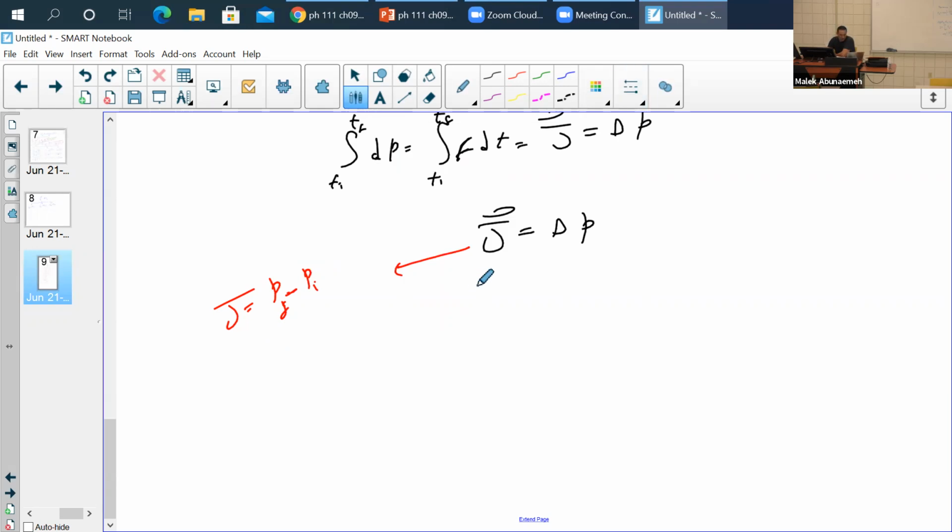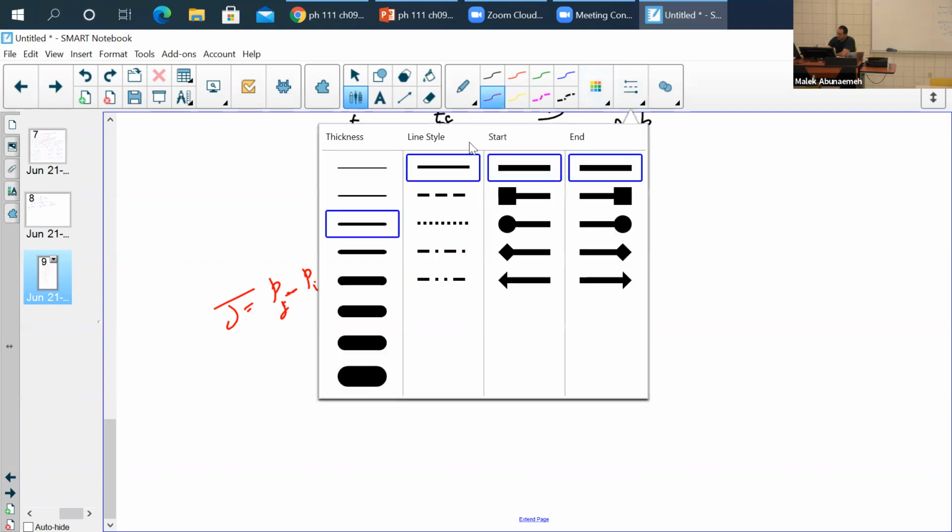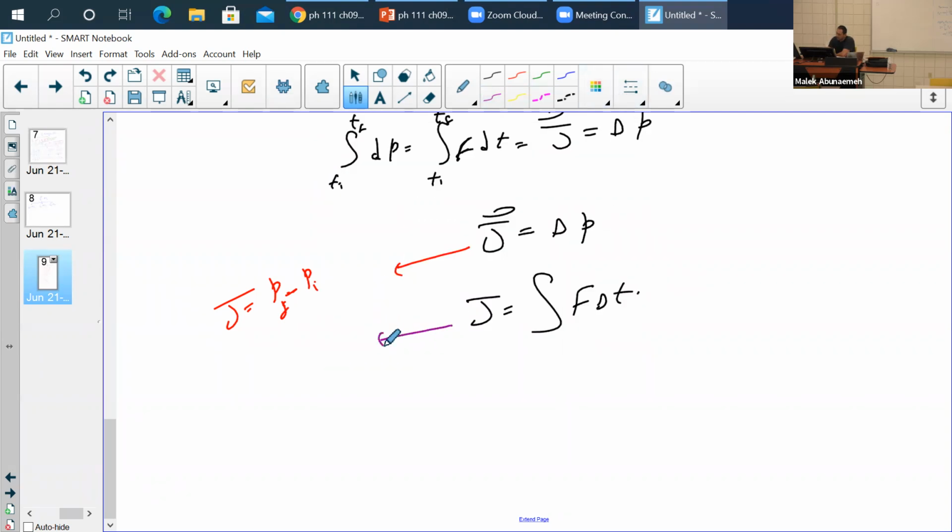So this one is going to equal the integration of F delta t. If you're looking at the plane, delta p_x equals the momentum in the x direction.